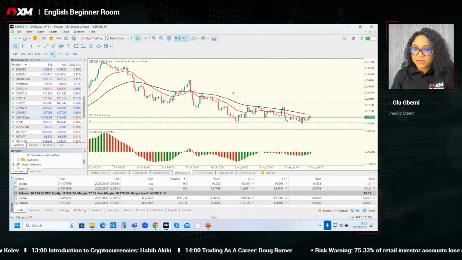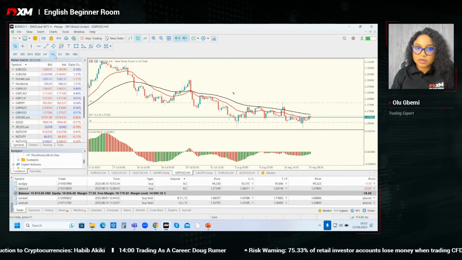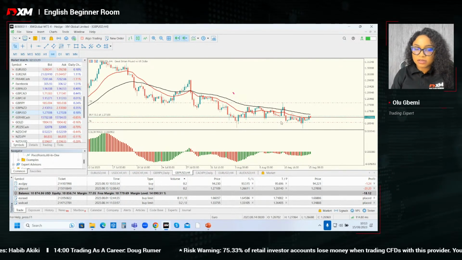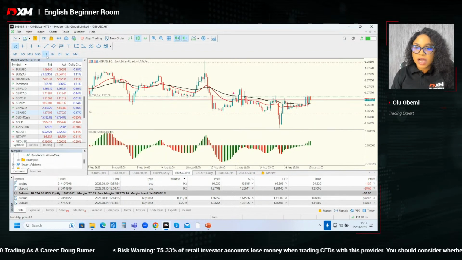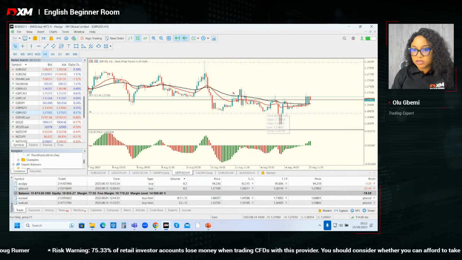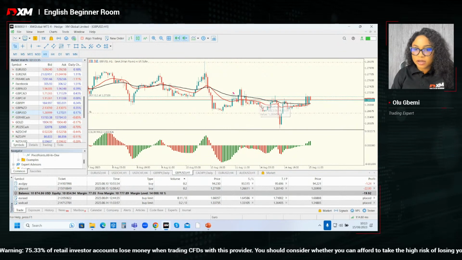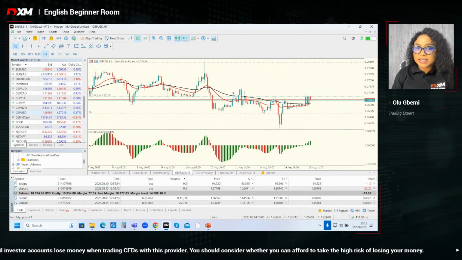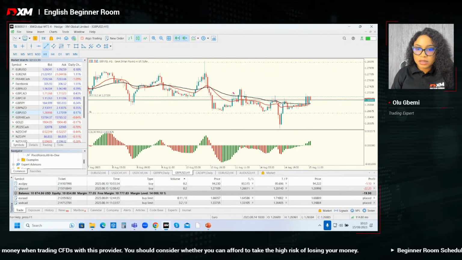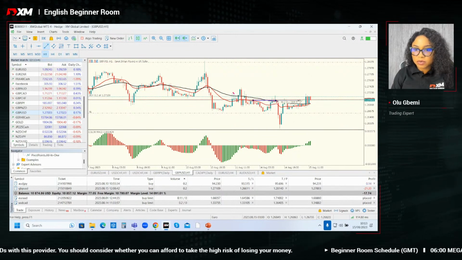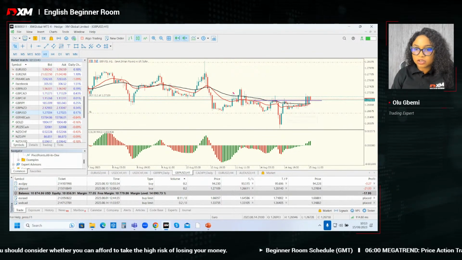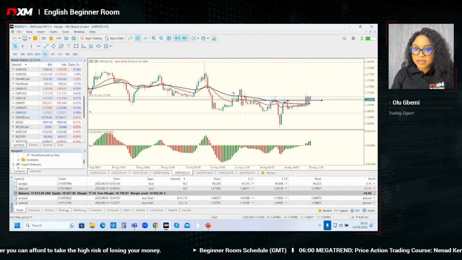So if I have that belief that it is likely going to go up, coming to the lower time frame, I'll just be looking for opportunity for buy or sell. Now I look at the 1 hour time frame, I see a pattern, which is the inverted head and shoulders.